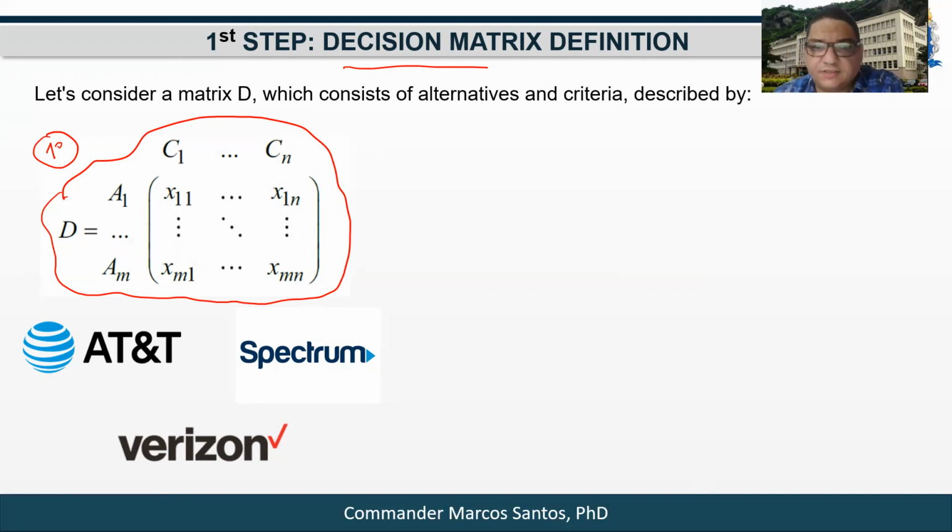So first, I have the criteria. We have, for instance, cost, deadline installation, and, for example, velocity.